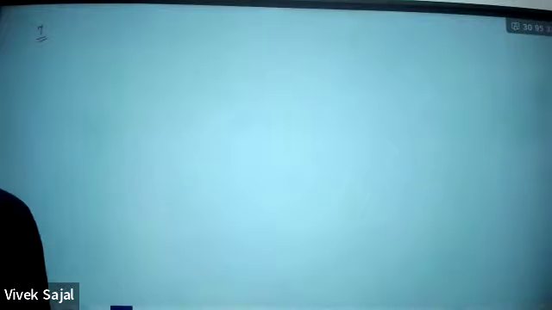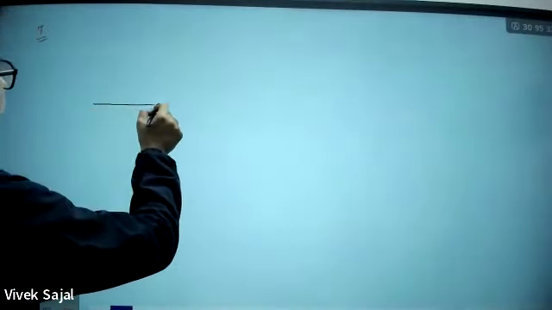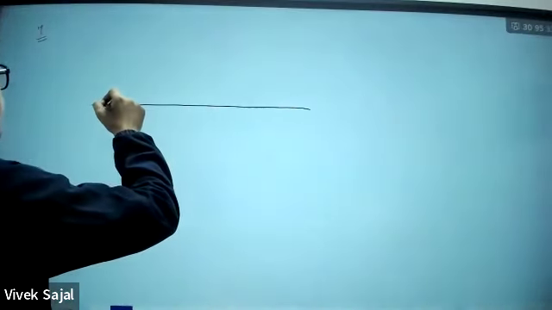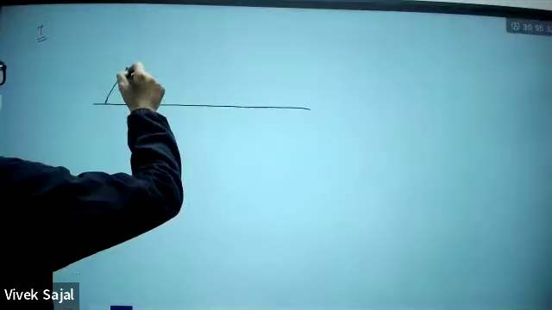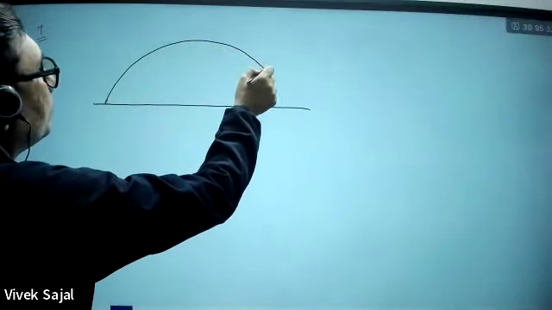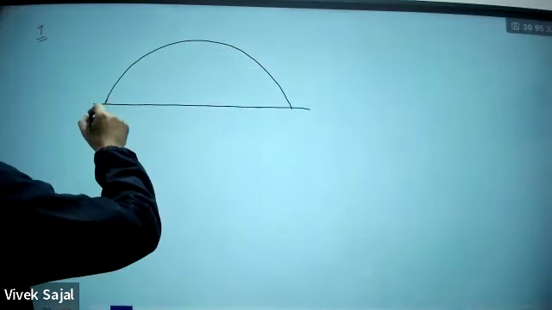You have to find out the work done by the gravity force from the highest point to the point where velocity is making an angle theta by 2 with the horizontal. Please look at this question. Suppose this is a horizontal surface. First try to understand this question.